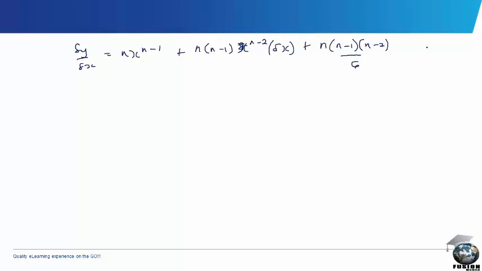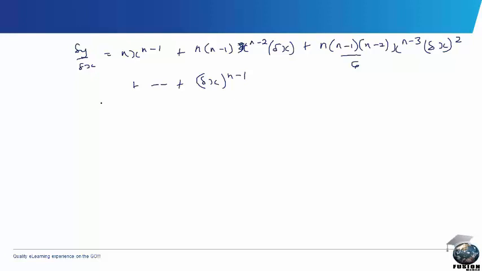So the outcome for dy over dx will equal n x^(n-1) plus n into n minus 1 over 2 x raised to power n minus 2 dx, plus n minus 1 n minus 2 all over 6 x raised to power n minus 3 dx all squared, and so it continues to have dx raised to power n minus 1.